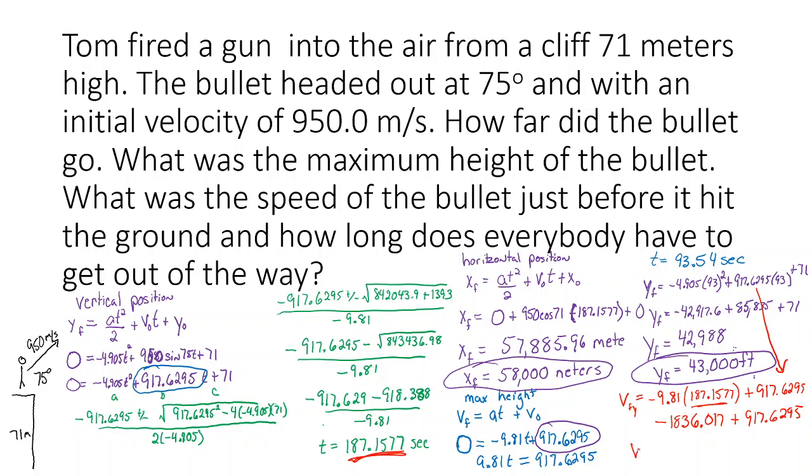So we get velocity final in the y direction equals negative 918, or with two significant digits, negative 920 meters per second. That's the speed just before it hit the ground.